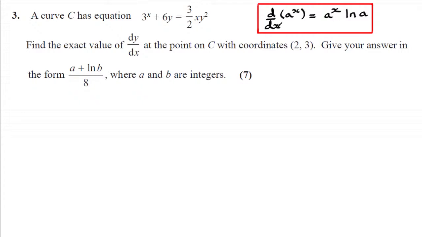If you were to differentiate a to the power x, it's equal to a to the power x natural log of a, okay. So that should help you through differentiating this one, just in case you haven't covered it at school at the moment. There it is there.